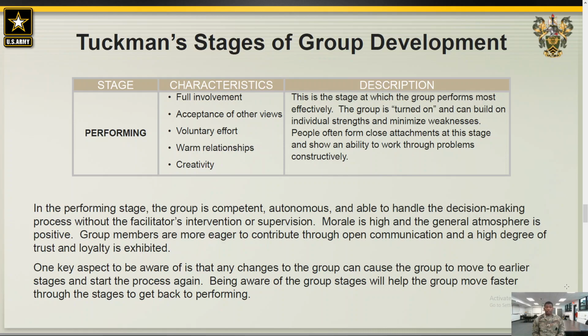All right. Volunteer efforts. You got more people willing to step up and take charge or just volunteer for any random situation. The team members are now starting to build relationships with each other, and those are warm, friendly relationships, and the creativity is going above normal.